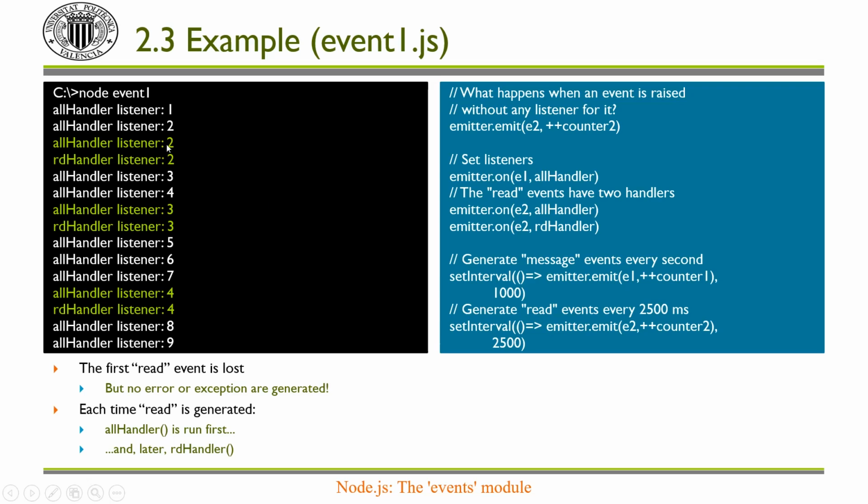As we may see, here we are generating once per second the messages for the message event. And later on, in green, we have generated the corresponding events of type read that are managed by two different handlers each time.